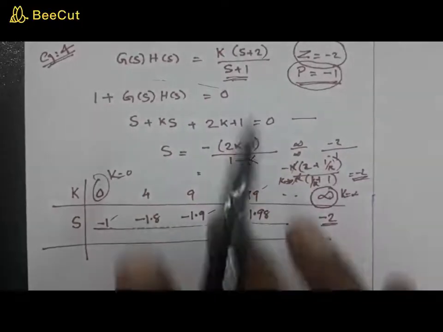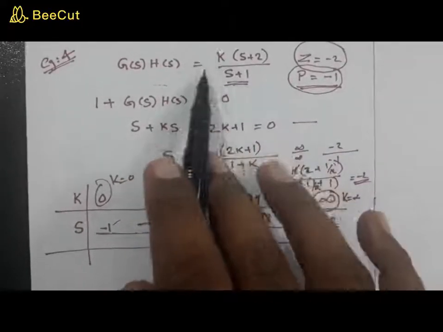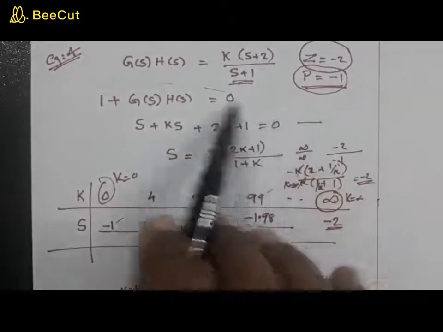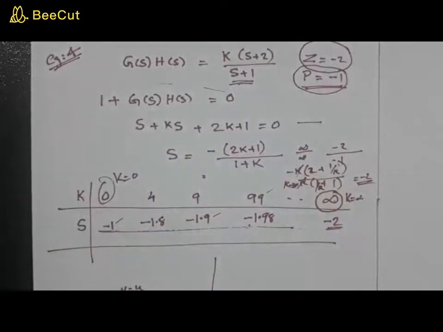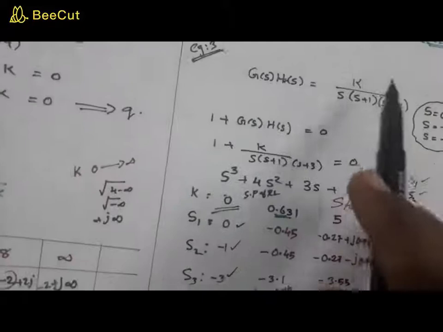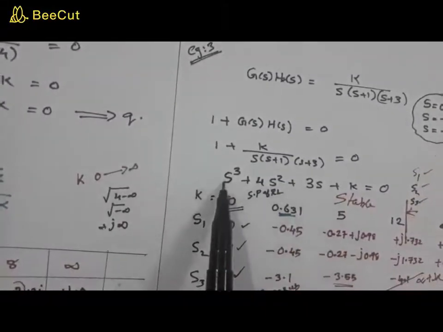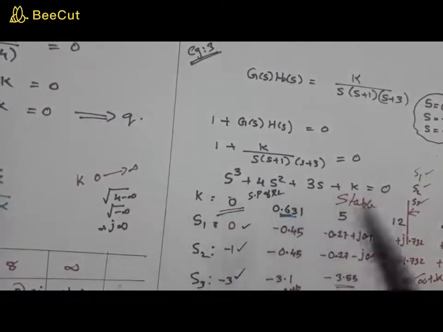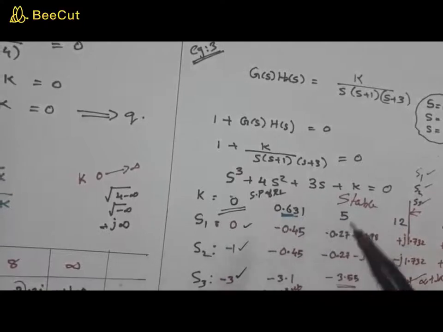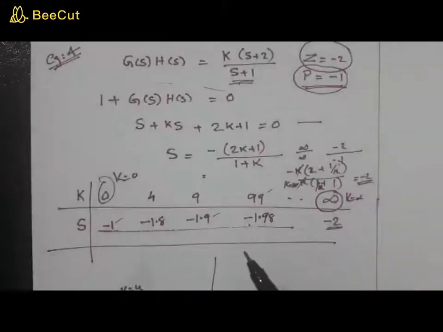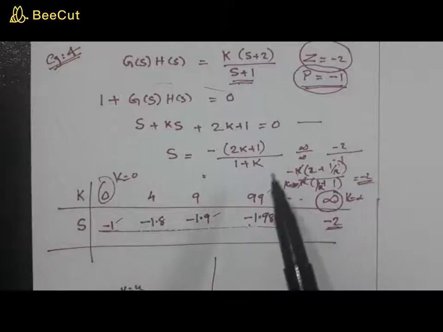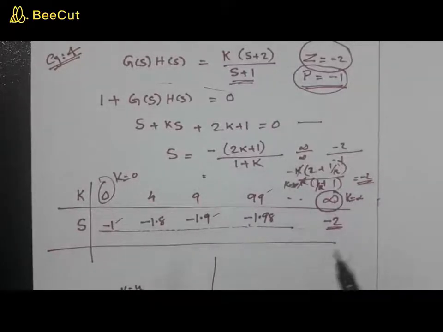As G(s)H(s) becomes complex, the equation becomes of higher order, and it's very difficult to factorize and find the roots to ascertain the stability of the system.